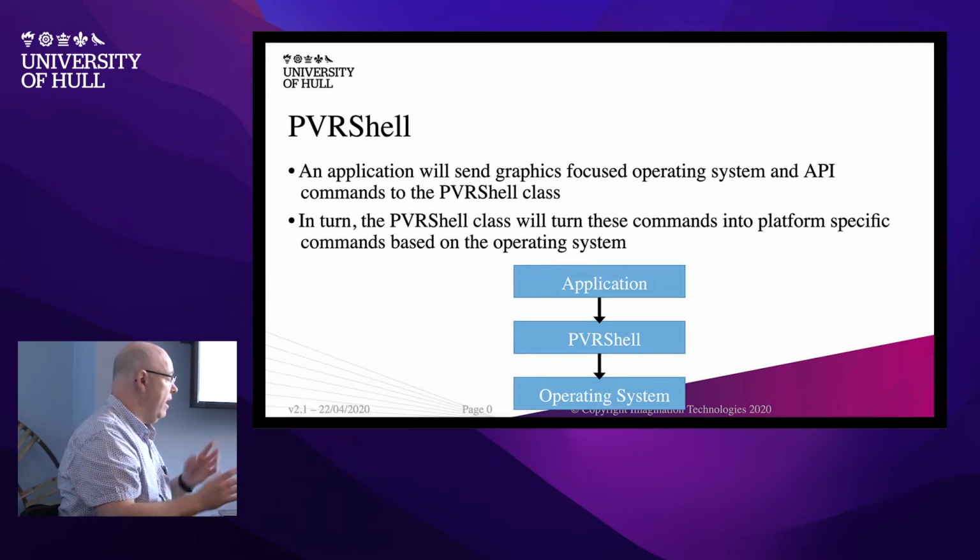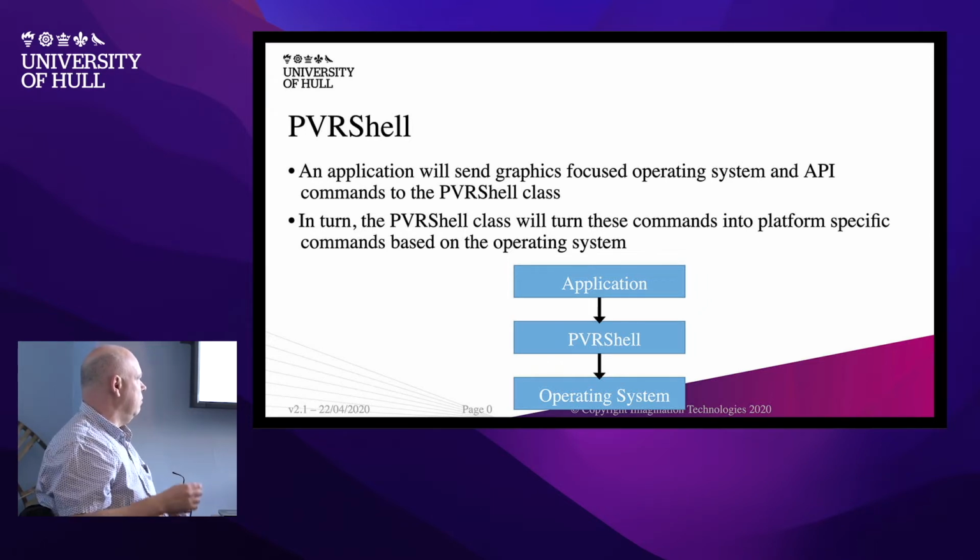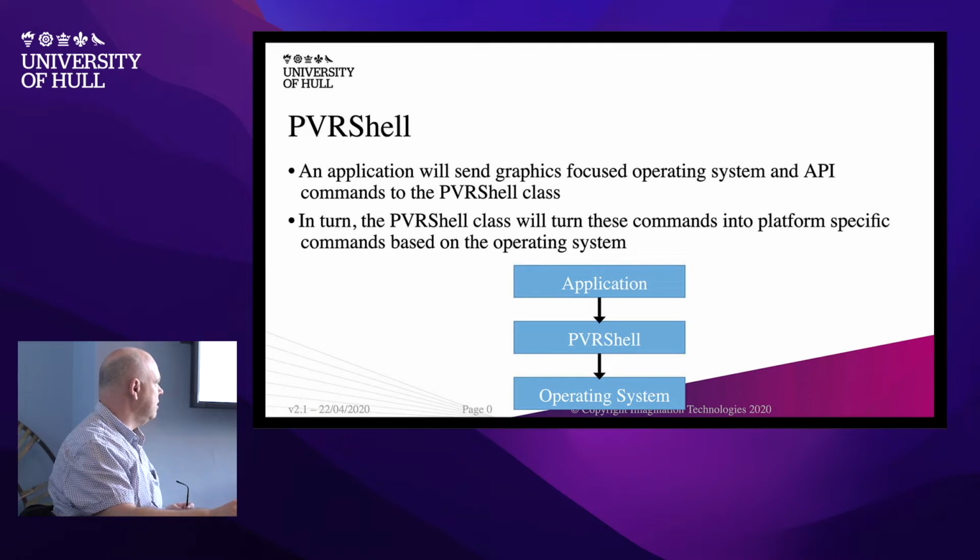The way it works is we've got this PVR shell, which communicates with the operating system, and our application talks to this PVR shell. It's kind of a wrapper. What this means is we can replace this PVR shell with whatever version we need for the current operating system, and our application remains pretty much untouched. You need to recompile it, but that's it. So it's really nice.